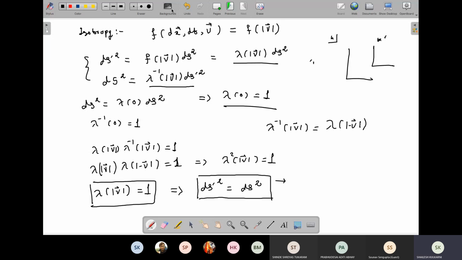So recall what your ds is. ds square is c square dt square minus vector dx square, and that must be equal to c square dt prime square minus vector dx prime square.